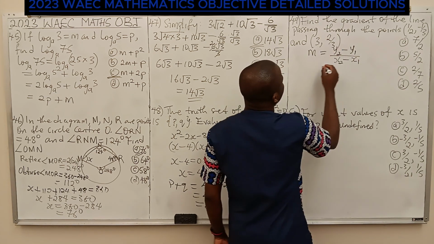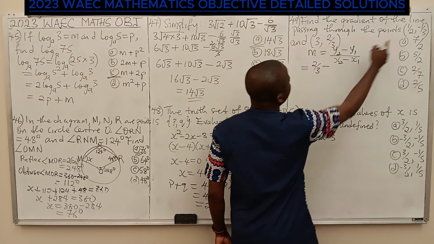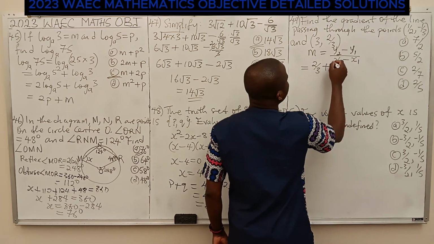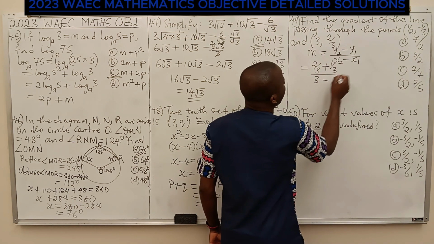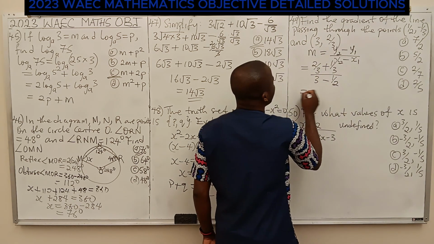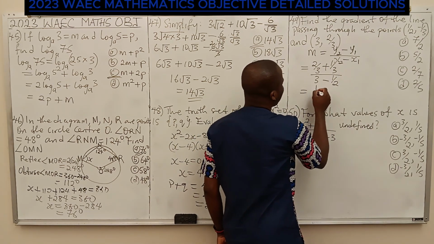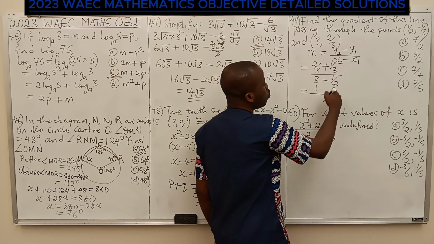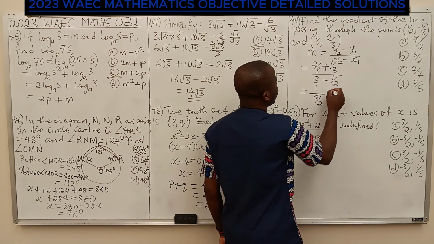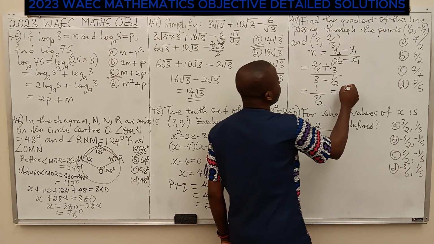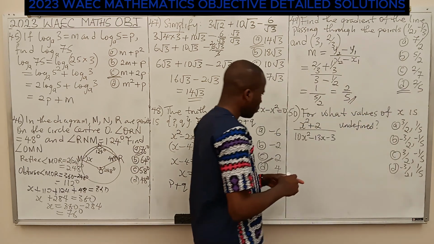So we'll have 2 over 3 minus, which is plus 1 over 3, over 3 minus 1 over 2. 2 over 3 plus 1 over 3 is 3 over 3, which is 1. And 3 minus 1 over 2: 2 times 3 is 6, 6 minus 1 is 5 over 2. So 1 over 5 over 2 is 2 over 5. So the answer is D.